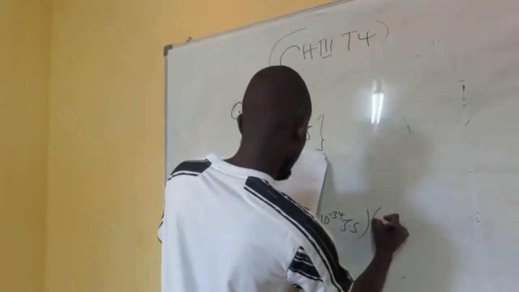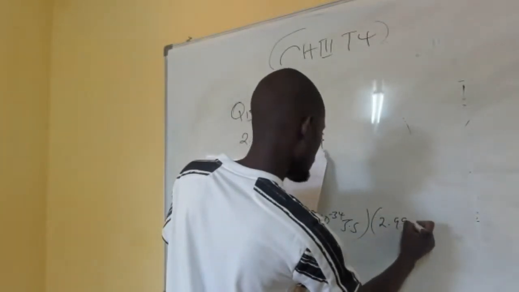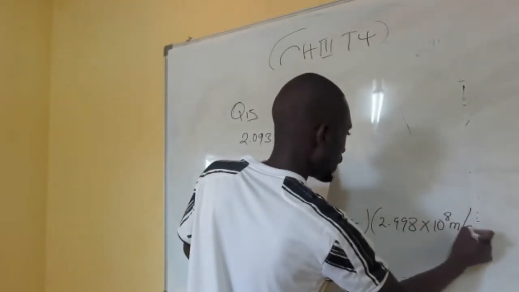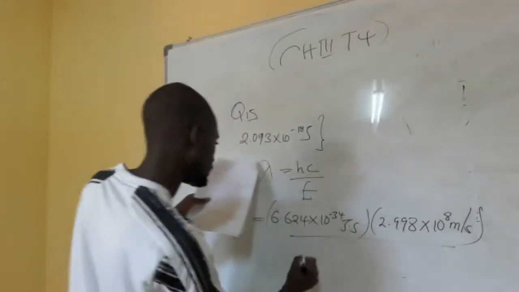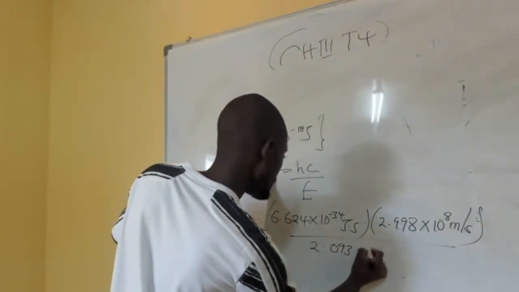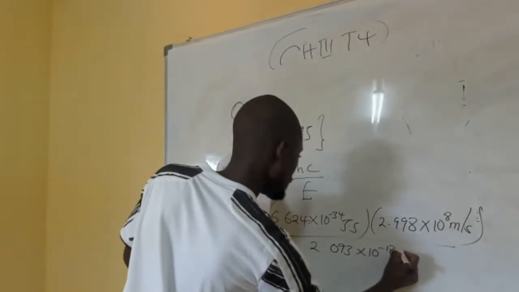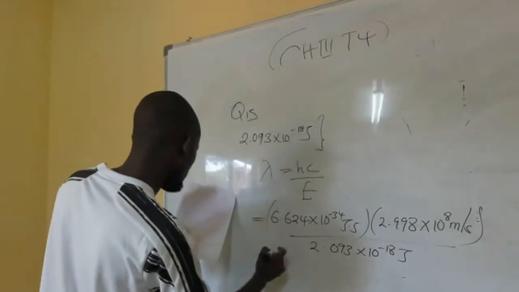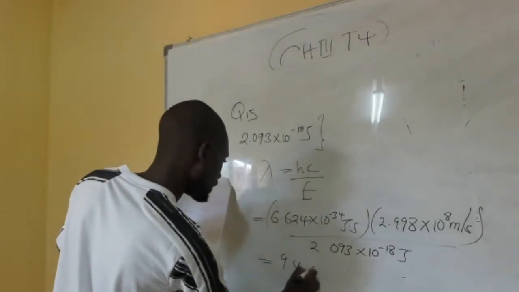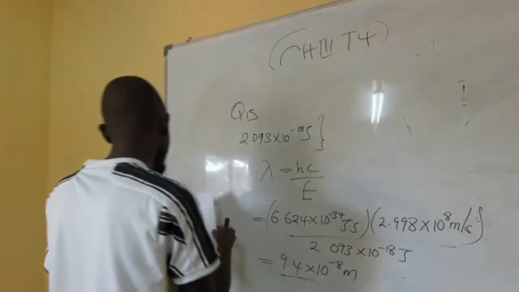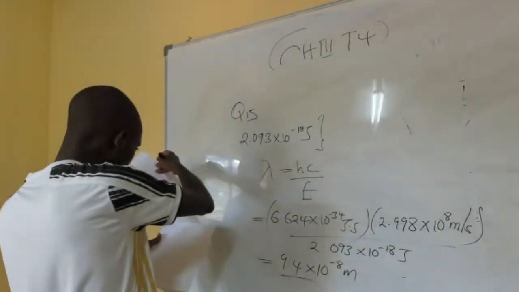So 2.998 times 10 to the power 8 per second in brackets, over 2.093 times 10 to the power negative 18 J. Then you have 9.4 times 10 to the power 8 N.